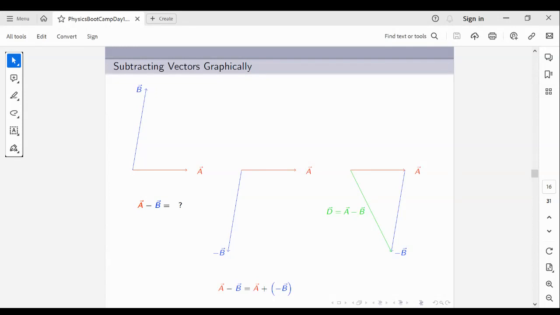So this is what we're doing. B is made negative for the sake of this problem. In the course of doing problems yourselves, you're going to have to make that judgment call. This is just defining a mathematical operation.